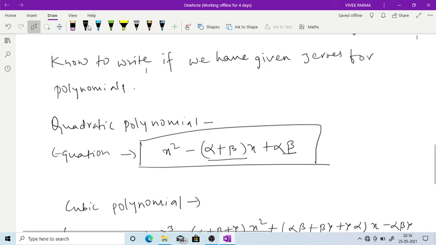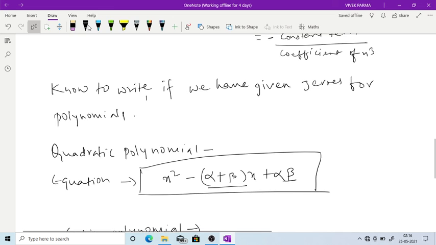So we can write the equation for the polynomial if we are given its zeros.